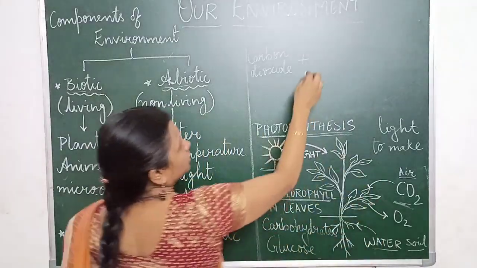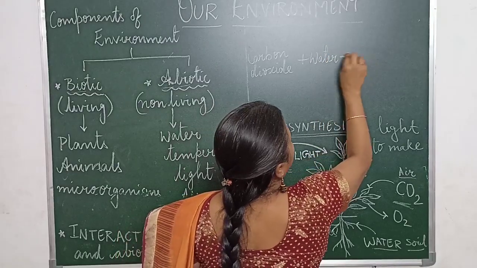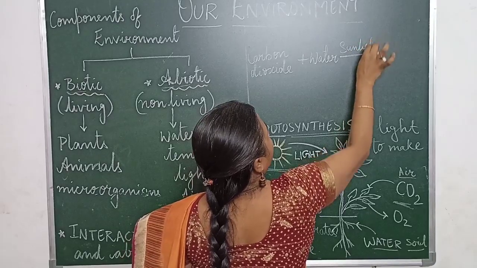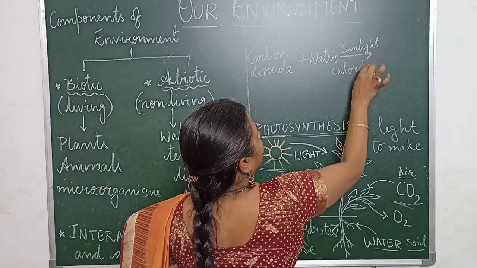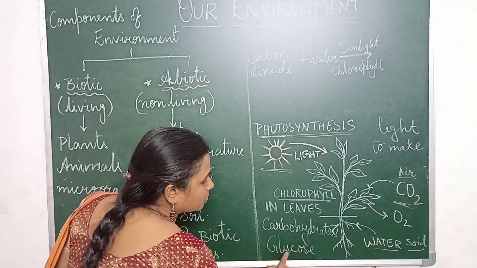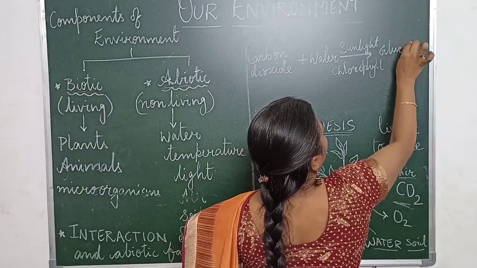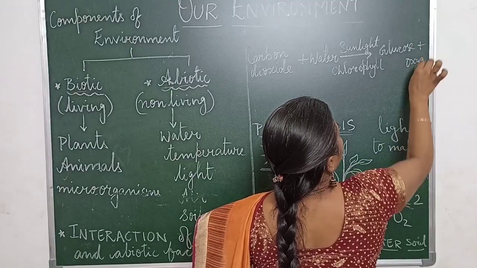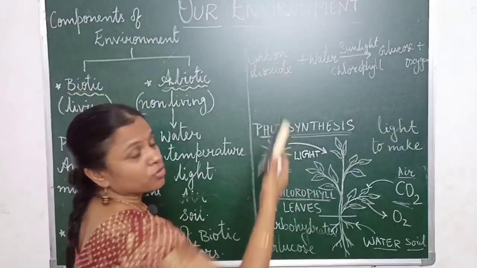It is water, in the presence of sunlight and chlorophyll. So food is actually prepared in the form of glucose and oxygen. So this is the equation of photosynthesis.